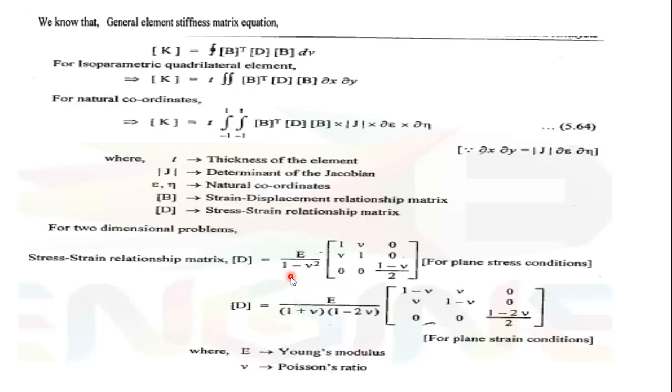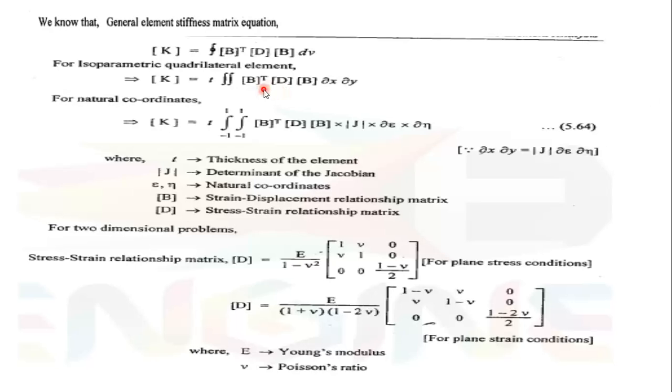If the problem follows the plane stress condition, we use D is equal to E by 1 minus ν square into this matrix. If it is a plane strain condition problem, then D is equal to E by (1 plus ν) into (1 minus 2ν) into this matrix. So these are the two D matrices.